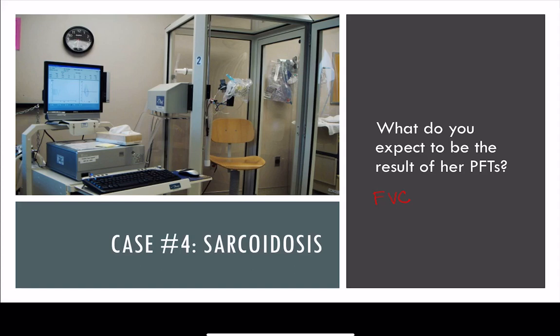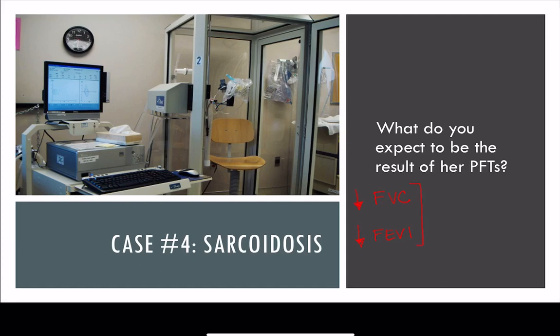Well, restrictive lung disease is hard to get air in, so I would expect this to be reduced when compared to the predicted values for her age, size, and sex. What about the amount of air that can come out during exhalation in the first second, FEV1? Well, if you have less in, you're going to have less out. So I would expect this also to go down.